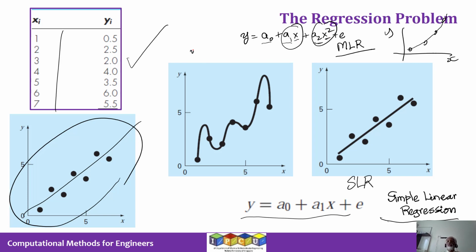So it is also written in this form sometimes: a0 plus a1 x1 plus a2 x2 plus e, where in this particular case that I've shown here, x1 equals x and x2 equals x squared. That means I'm creating a new variable x2 by taking the squares of the values of x, and then I can write it in this form.